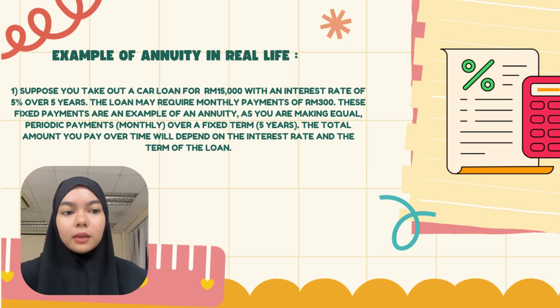These fixed payments are an example of annuity, as you are making equal periodic payments monthly over a fixed term, 5 years. The total amount you pay over time will depend on the interest rate and the term of the loan. So the conclusion is the annuity is the payment you pay monthly of your loans.